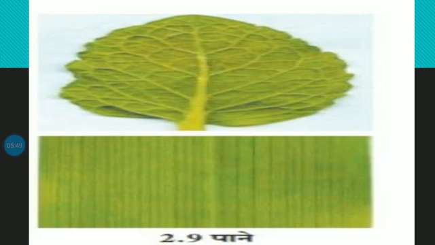In a peepal leaf, the secondary veins arise from the midvein, but in the maize leaf the subveins or secondary veins are parallel to the midvein and they start from the leaf base and end at the leaf apex. So we call it parallel venation.